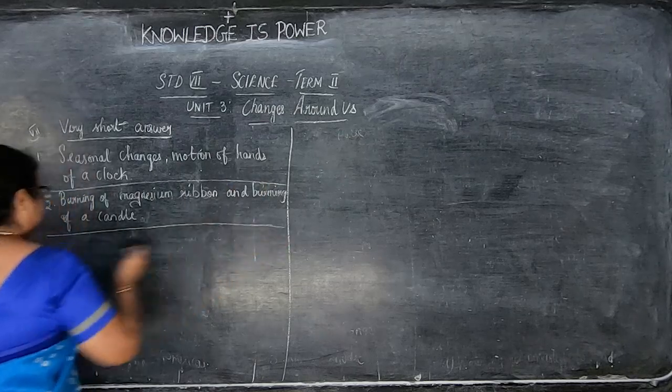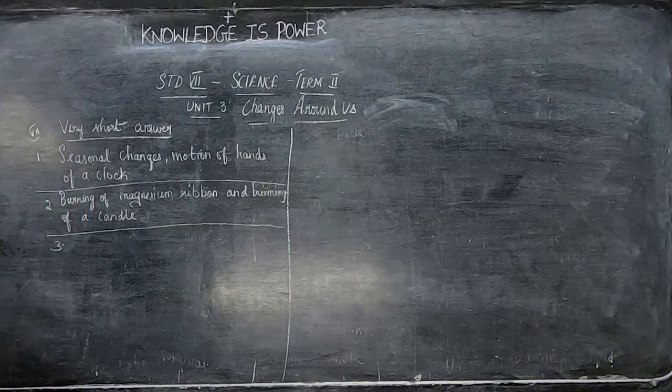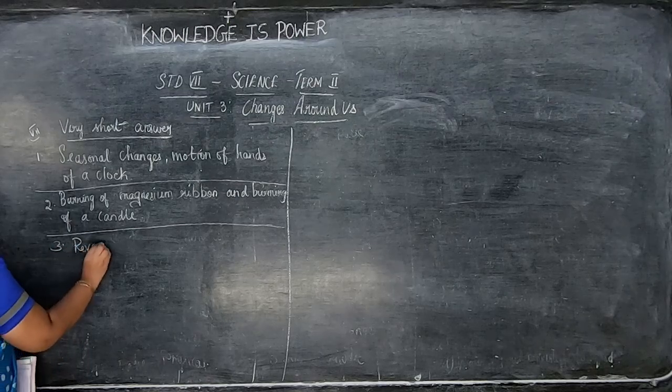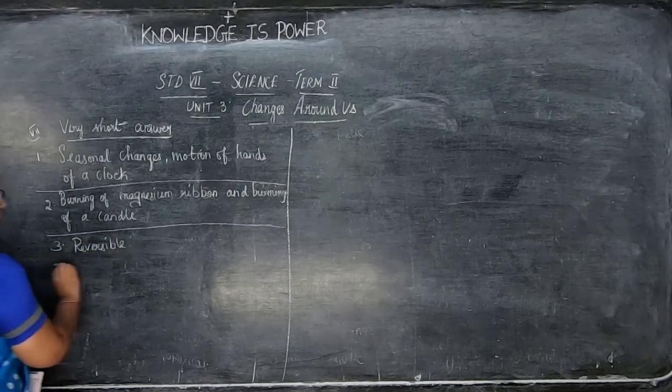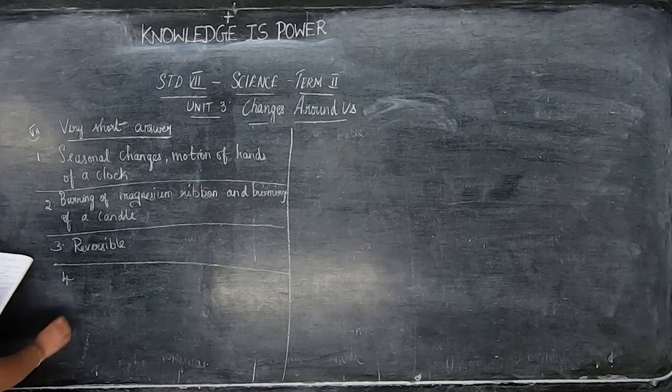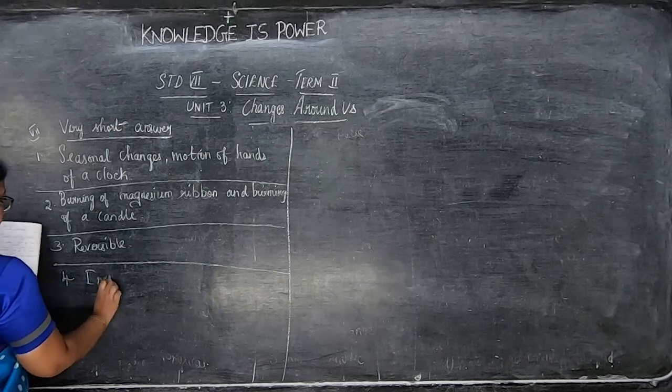Then, third one, question is, cold milk is heated and it becomes hot. Which type of change is it? That is reversible. Then, fourth one. What type of change is artificial ripening of fruit?